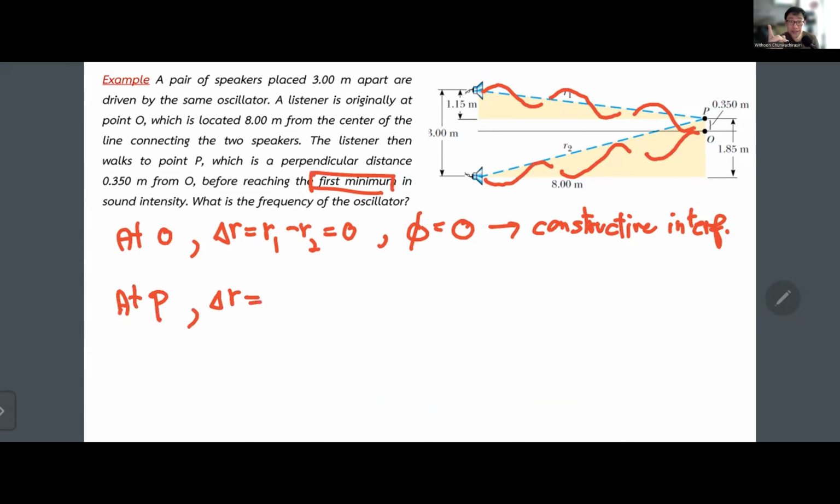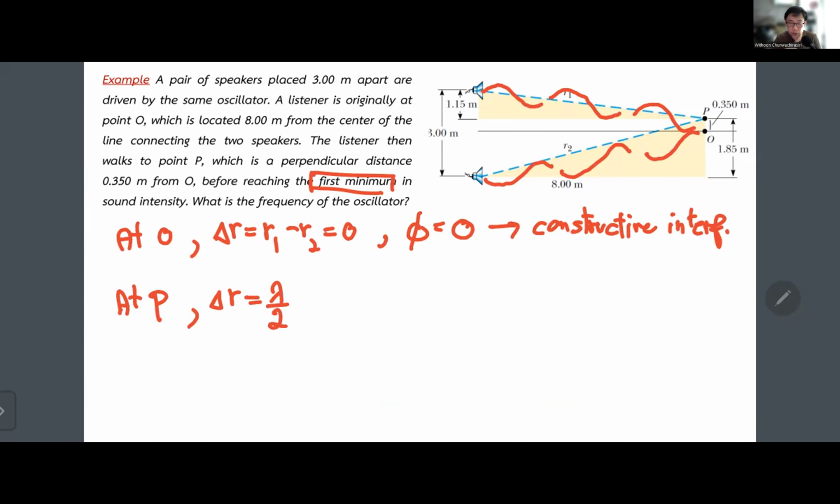The traveled distance of the two waves must differ by exactly half a cycle. You guys with me? Lambda over 2. That is your first lowest intensity, which is nothing.